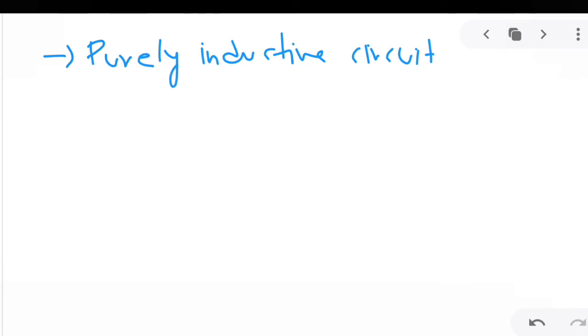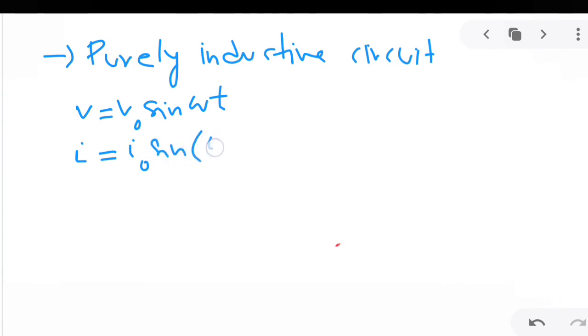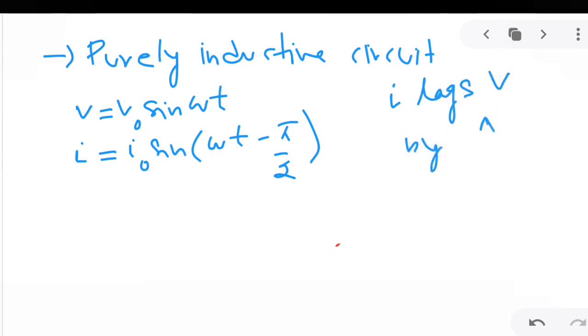Now, suppose the voltage is V is equal to V naught sine omega t. Now, if this is the voltage, what will be the current? Current will be I naught sine omega t minus pi by 2. Why is this like this? Because in purely inductive circuit, current lags voltage by pi by 2.